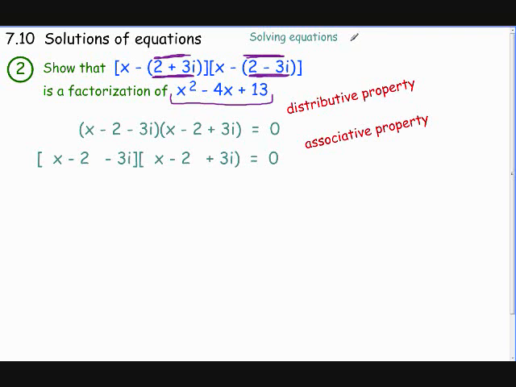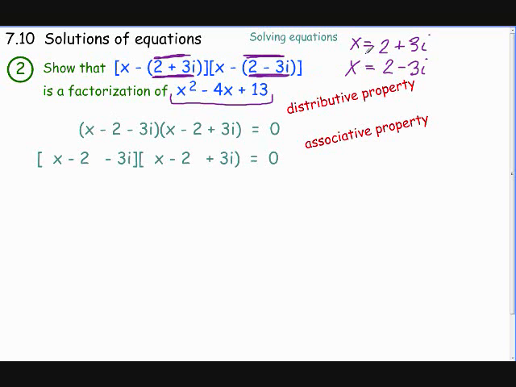I know, but I'm going to stop for a moment here because I want you to recognize something. This factor, x minus this complex number, is equivalent to, if we had an equation, which we are setting up here, saying that that's the solution. And we also have another factor, and the solution that points to is this.